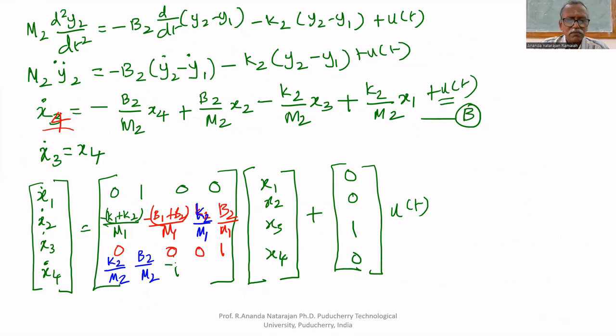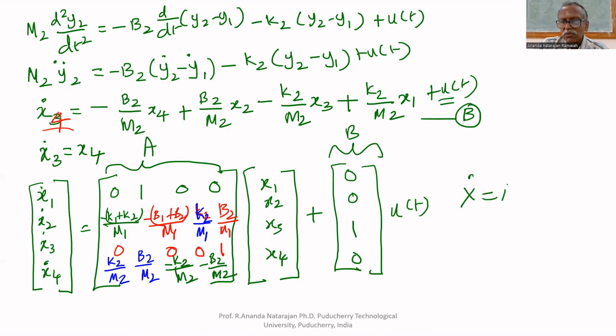Minus k2 by m2. Coefficient of x4 is minus b2 by m2. So this is the A matrix, and this is the B matrix. That is x dot equal to Ax plus Bu.